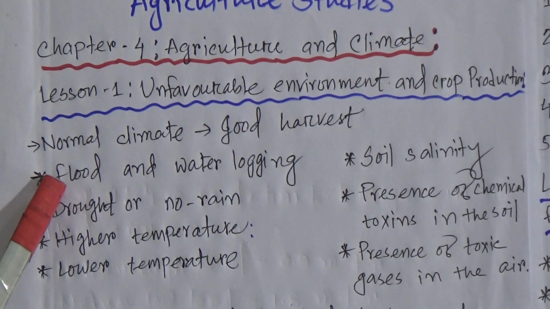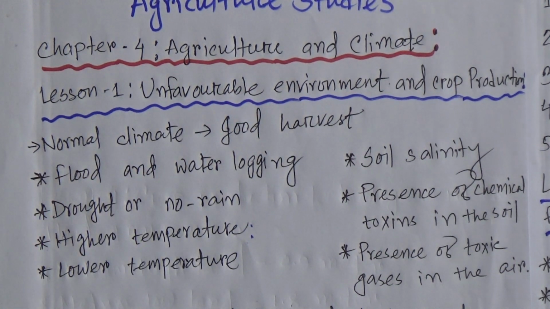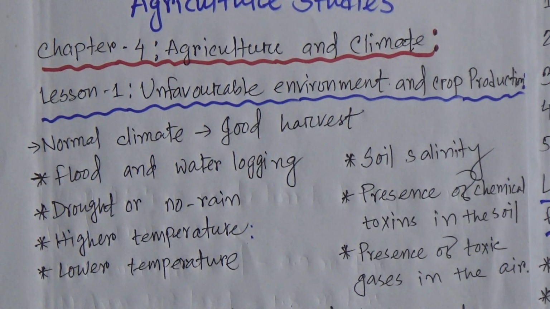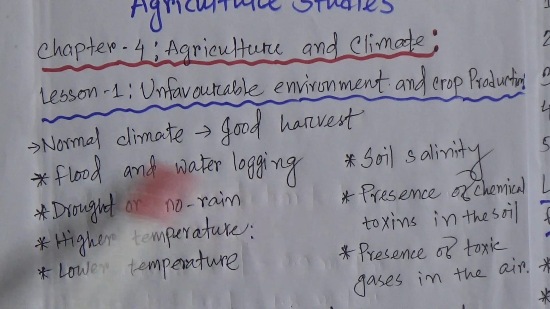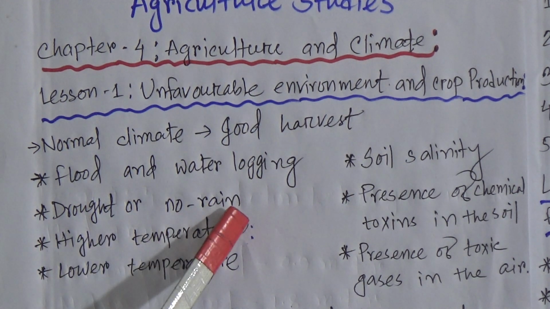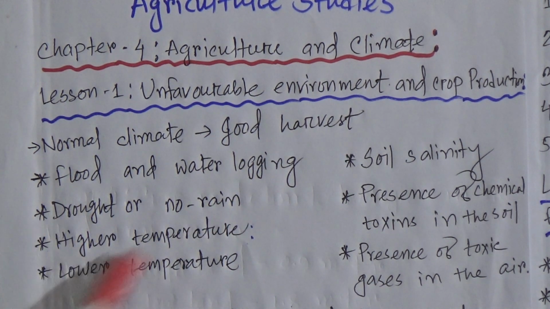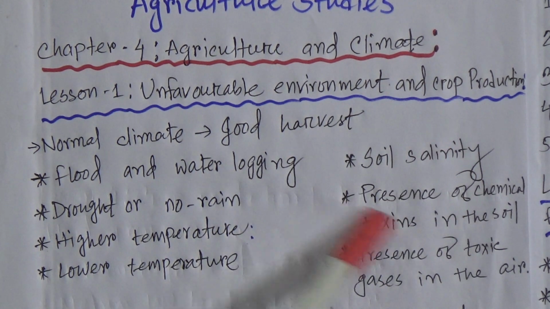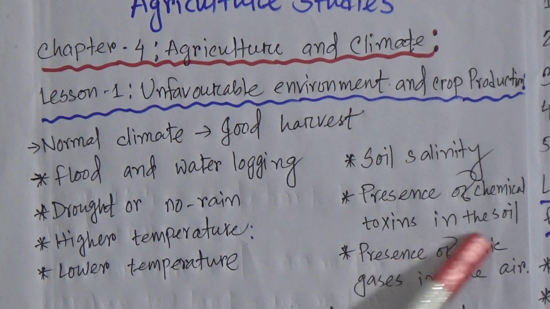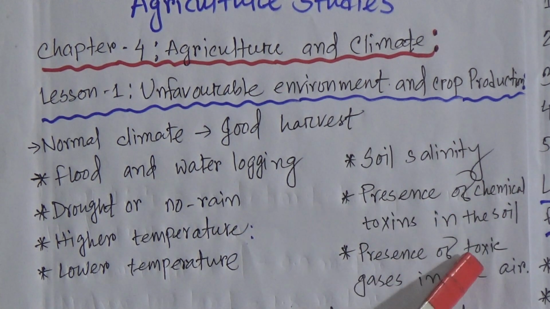And what are the combinations of bad climate or bad harvest? Flood and waterlogging, drought or no rain condition, higher temperature, lower temperature, along with soil salinity, presence of chemical toxins in the soil, presence of toxic gases in the air.